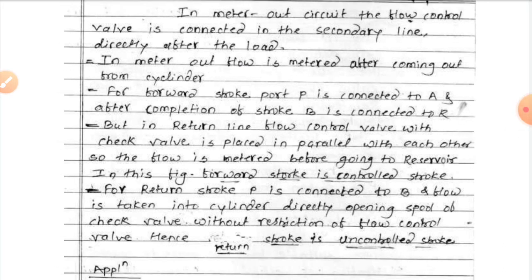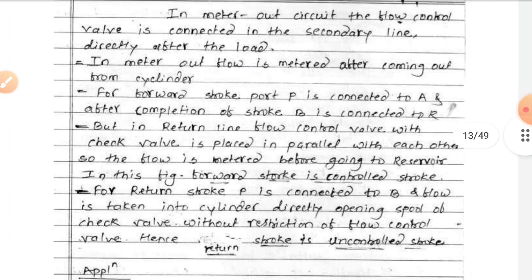For the forward stroke, port P is connected to A, and after completion of the stroke B is connected to R. But in the return line, a flow control valve with a check valve is placed in parallel with each other. So the flow is metered before going to the reservoir. In this figure, the forward stroke is the controlled stroke.